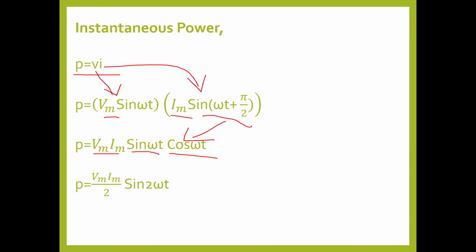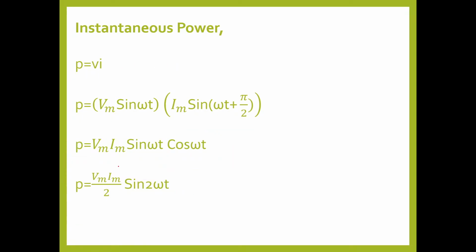Okay. So you just multiply and divide this expression by 2. I have skipped one step here. 2 sin omega t cos omega t is nothing but sin 2 omega t. Okay, so P is equal to what? For the purely capacitive circuit, instantaneous power is Vm Im by 2 sin 2 omega t.